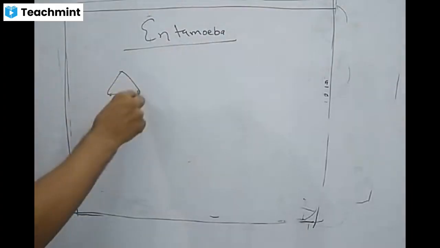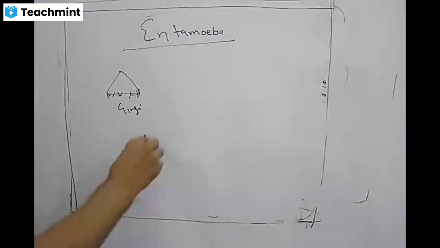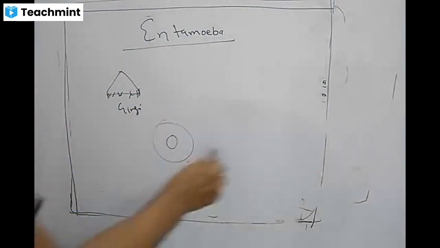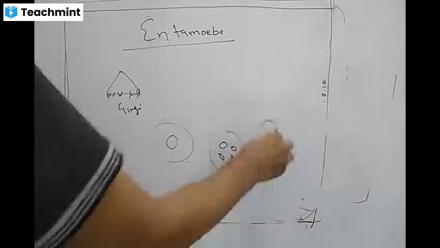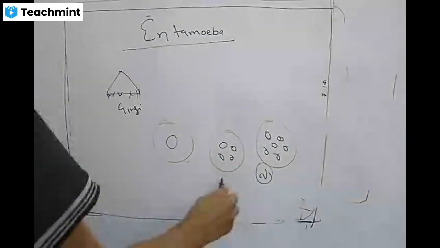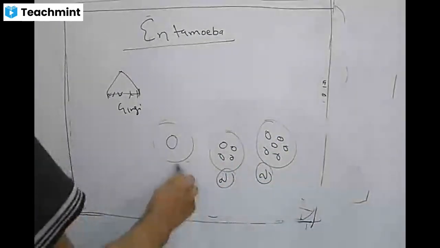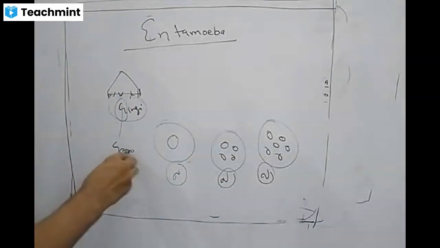One which is related with the teeth, gingivalis. So on the basis of their cyst containing one nucleus, four, or 8 nuclei, these are divided. So gingivalis, G for 0.